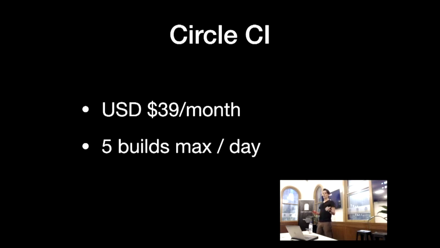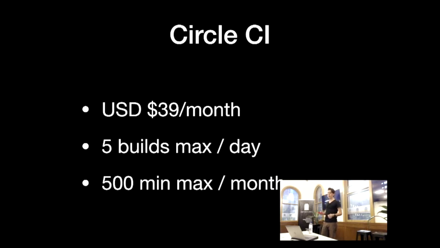You're limited to 5 builds a day, which sounds very low, but if you have a really small team and you're only pushing from time to time, that could work. I don't know if that would be a problem so far. And you have 500 minutes of build per month, and I have no idea if that's a lot or very little. It sounds very little to me, but I don't know.